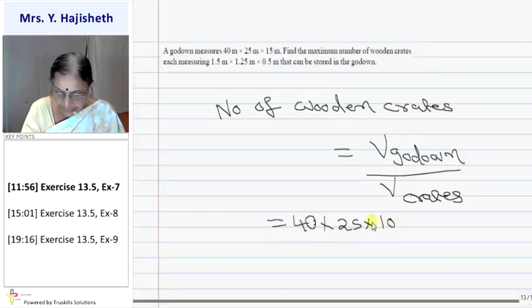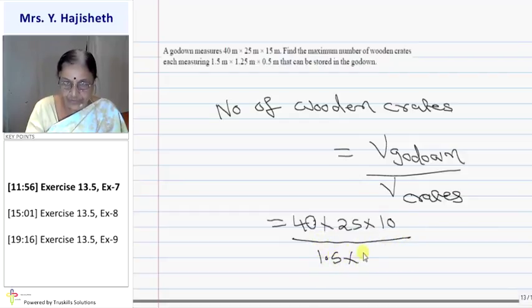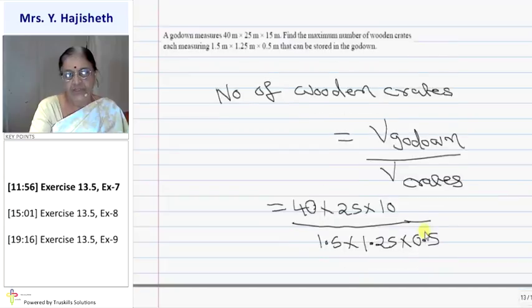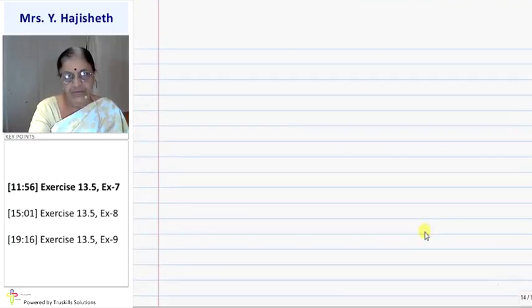And volume of crate is 1.5 into 1.25 into 0.5. So now the calculation should be done by removing the decimal.